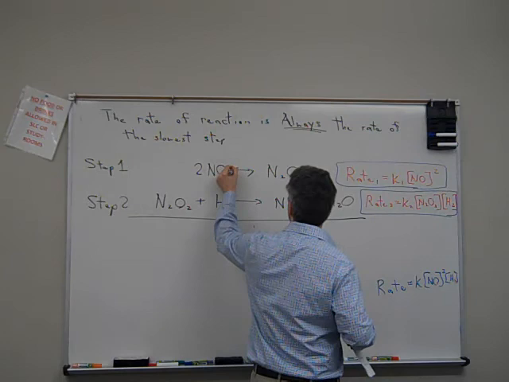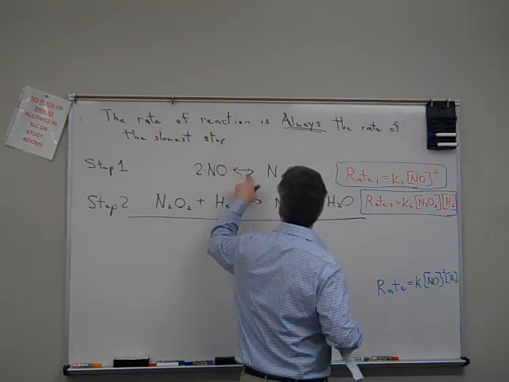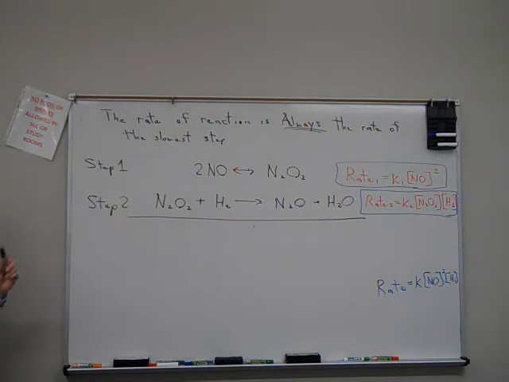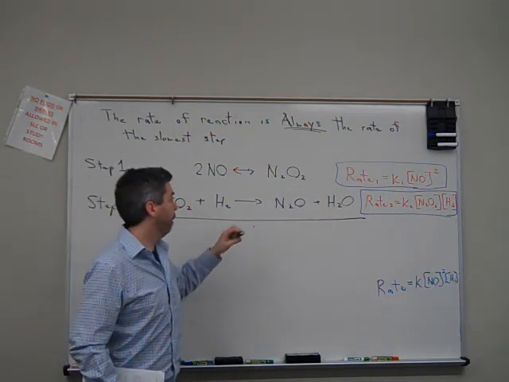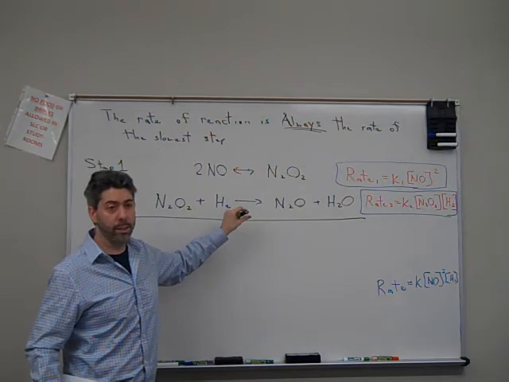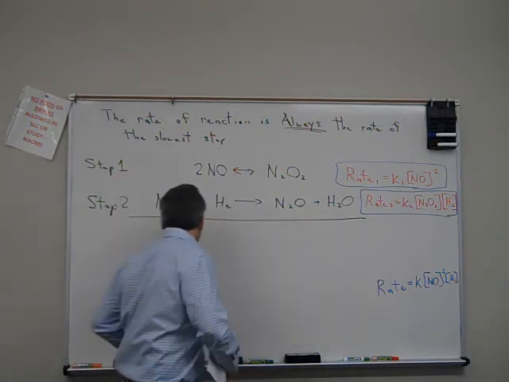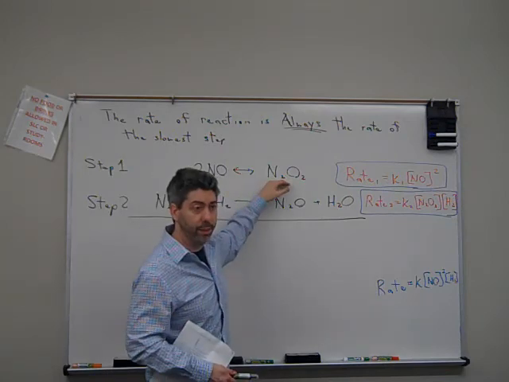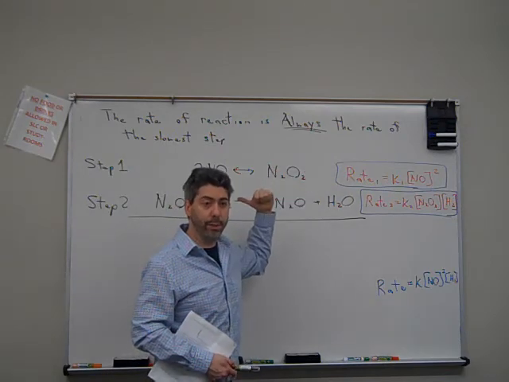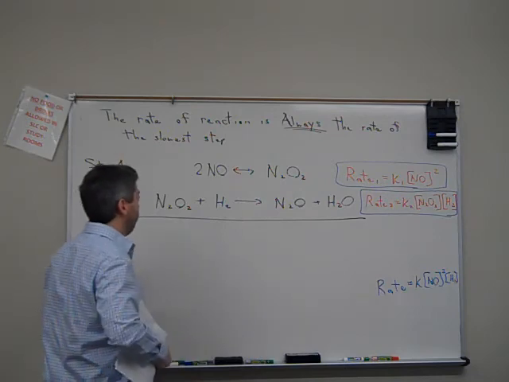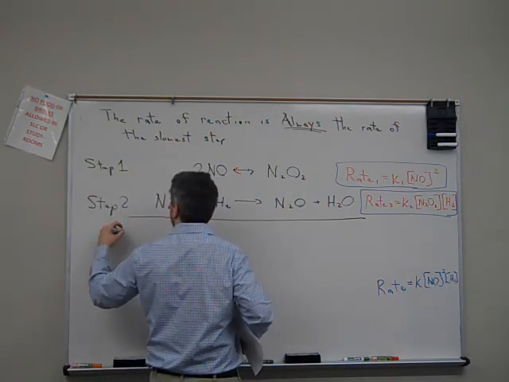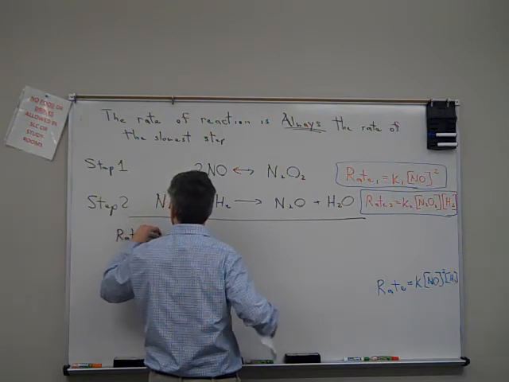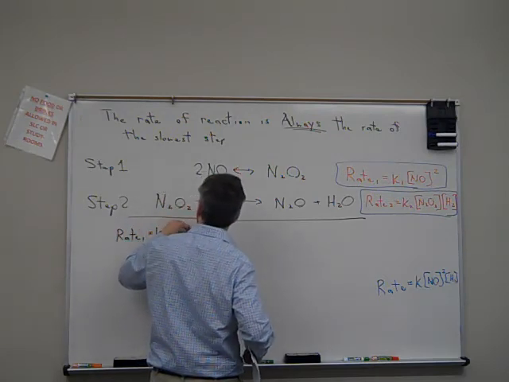Fast steps occur at equilibrium. So I have a forward arrow and a reverse arrow here. Fast steps occur at equilibrium. Slow steps will not. So in this case, I will assume that my forward rate for this reaction is equal to my reverse rate for this reaction. So if rate 1 is equal to K1 times NO squared, right?